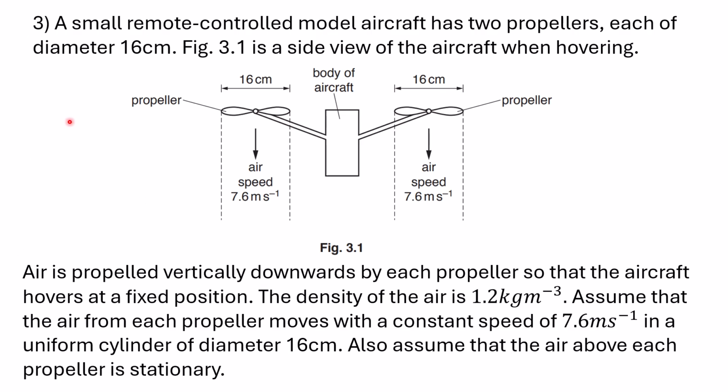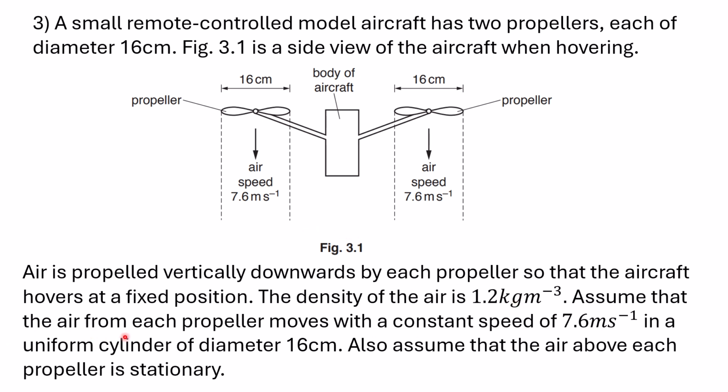Question 3 from the same exam. A small, remote-controlled model aircraft has two propellers, each of diameter 16 centimeters. This picture is a side view of the aircraft when hovering. Air is propelled vertically downwards by each propeller, so that the aircraft hovers at a fixed position. The density of the air is 1.2 kilograms per cubic meter.